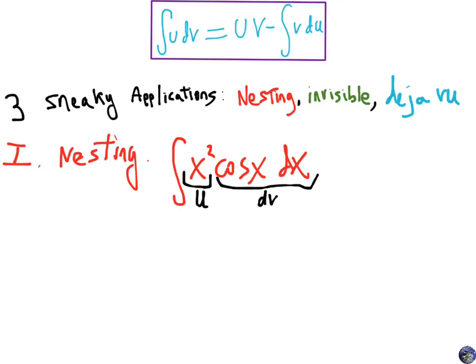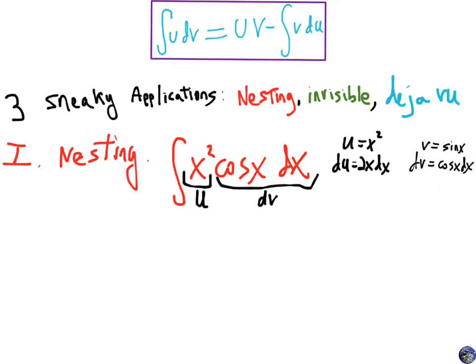Off to the side, let's calculate what our individual parts are going to be. If u is equal to x squared, du is 2x dx. And if dv is cosine x dx, that means v had to be sine x, because the derivative of sine is cosine. Now we apply our integration by parts formula, because it looks like the integral of u dv, exactly set up like it is.